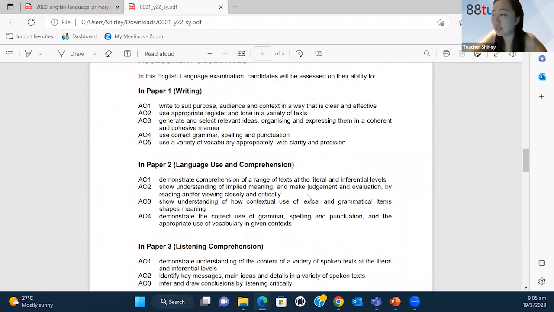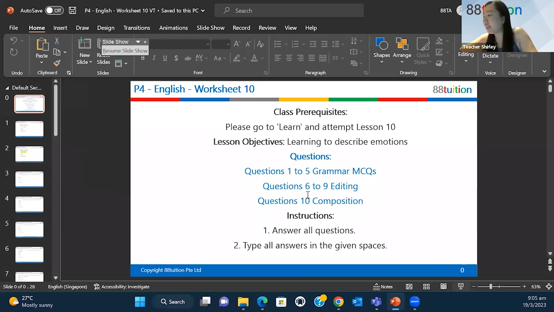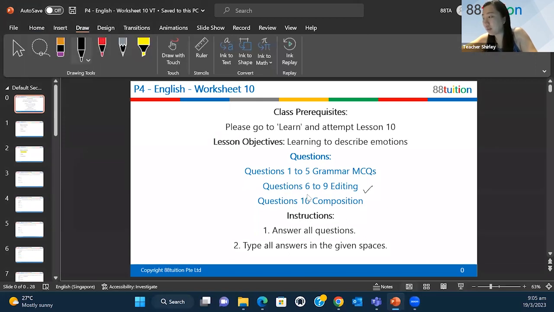Today we are looking at editing, which comes in section B of your paper 2. At the same time, we are also doing your grammar MCQs, which is in section A, paper 2 as well. Both are the same paper.